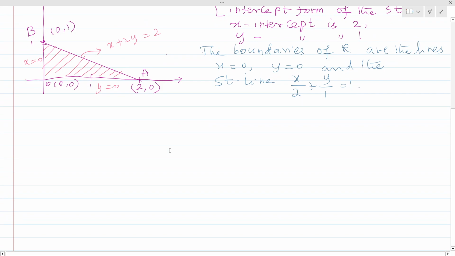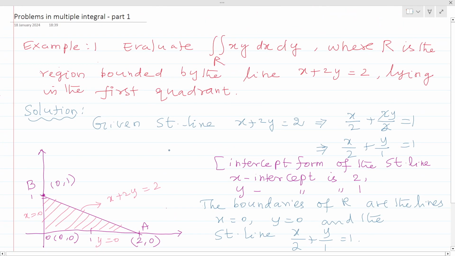Now from this, the variables of integration are not given here. See in the problem, the limits are not mentioned in the integration.